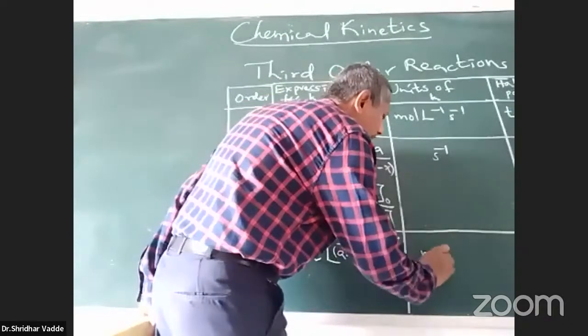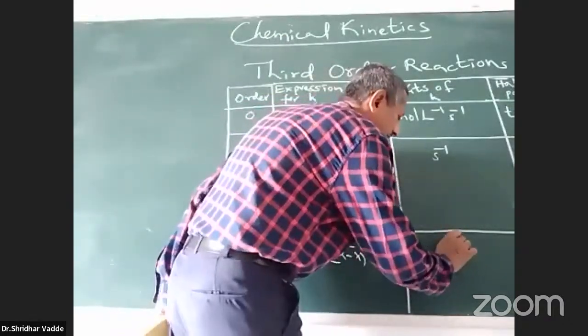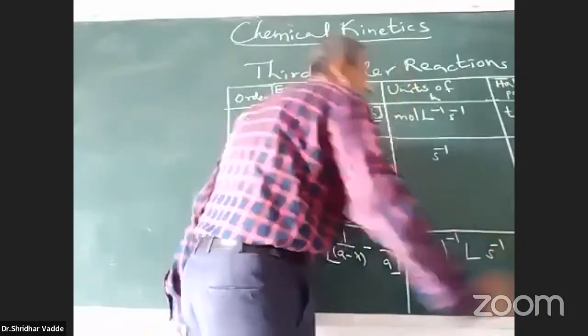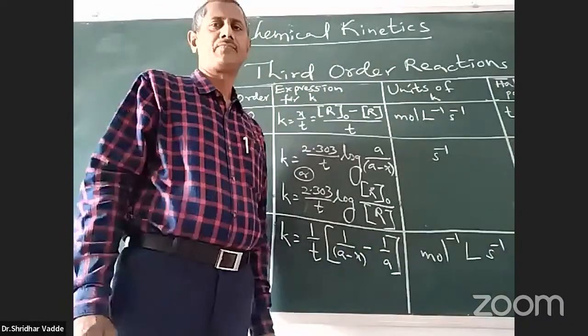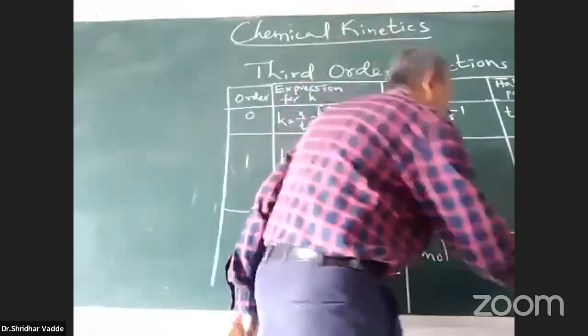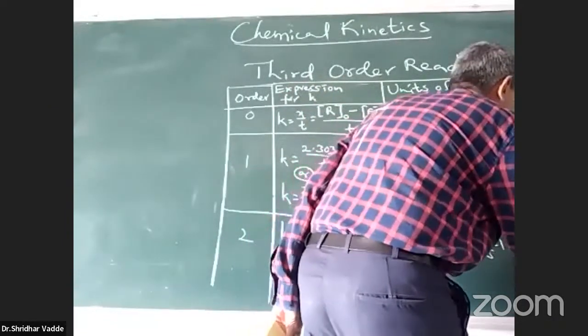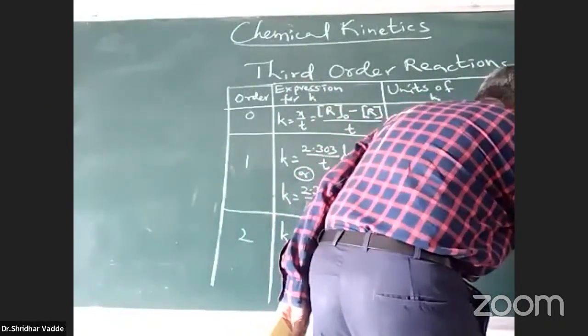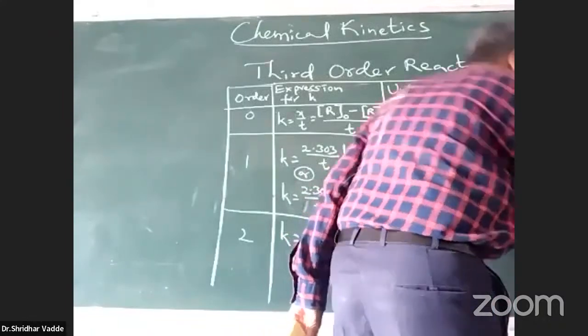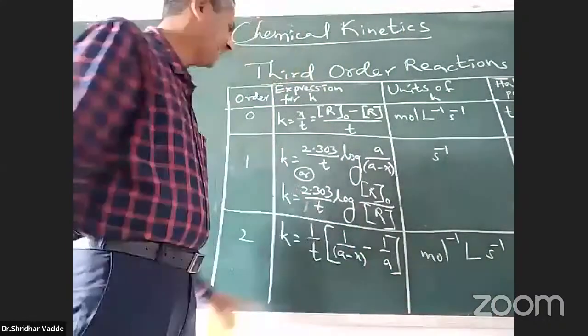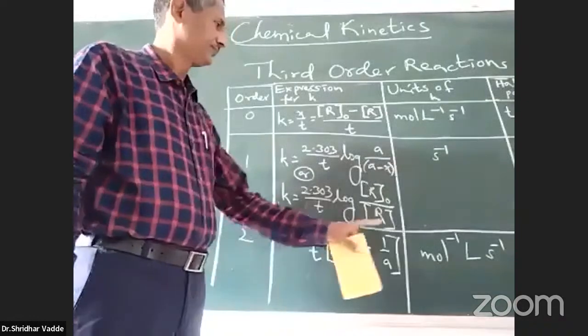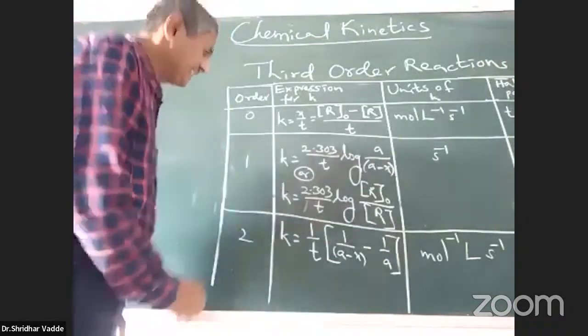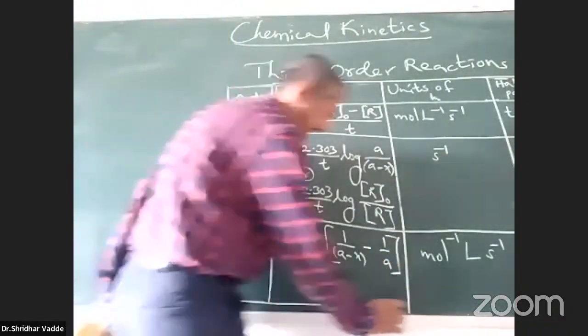Mole inverse liter second inverse. Here, what is T half? T half is equal to 1 by Ka. This is about the second order reactions.